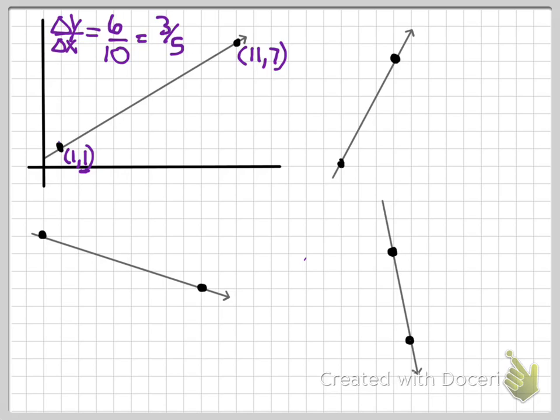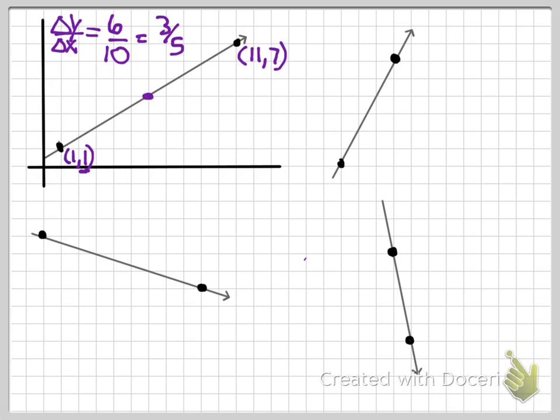Well, let's test that. If I go up 3 and 5 to the right, I hit the same point on the line. If I do it again, up 3 and 5 to the right, I hit it there too. So I could even take a step there and hit those new spots. So really, 6/10 and 3/5 would be the same slope, and I could use those same slopes to help me find the next points.